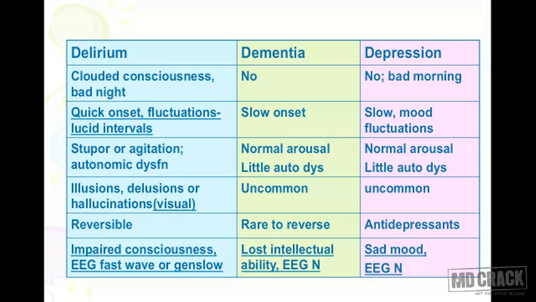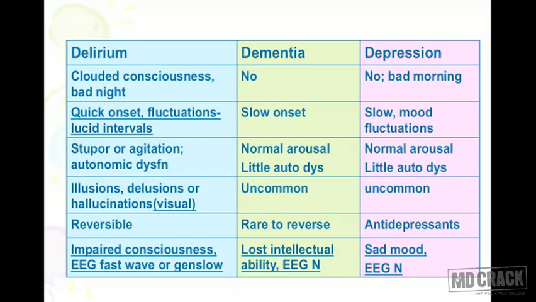In dementia, the arousal is normal and there is very little autonomic dysfunction seen. In depression, also there is normal arousal and little autonomic dysfunction. Please remember, delirium is a medical condition, most probably, and this is why you can get all the other symptoms like autonomic dysfunction, whereas depression and dementia may not be due to a medical reason.